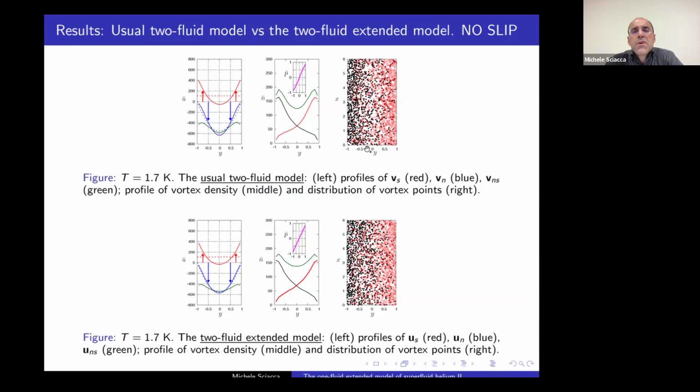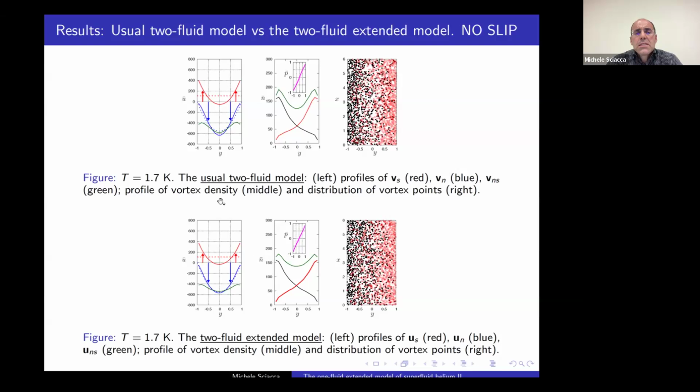In the figure, on the top, we have considered the usual two-fluid model. In the other one, instead, we have considered the extended two-fluid model. The difference between them is essentially the presence of V, mind you, the presence of V instead of Vn.